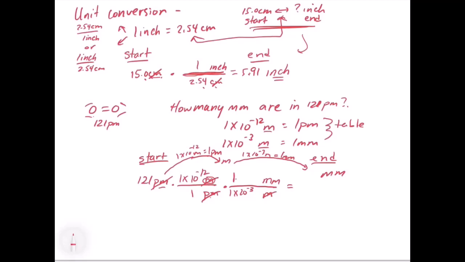So 121 picometers times 1 times 10 to the minus 12 meters times 1 millimeter, and then we divide by 1 picometer, and then we divide again by 1 times 10 to the minus 3 meters, and that's going to get us to the millimeters. So at the end here, we're going to get 1.21 times 10 to the minus 7th millimeters.